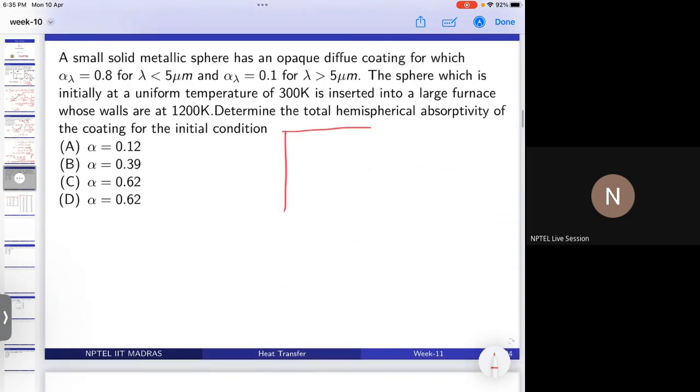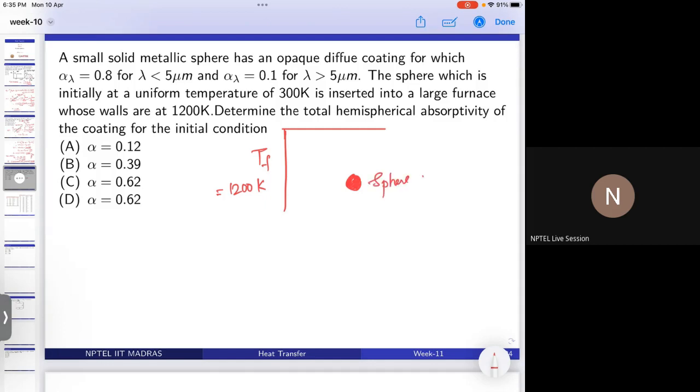So we have a furnace. This is a furnace enclosure which is at some temperature T of furnace, which is 1200 Kelvin, and we have a small metallic sphere. Small is given because the size of the sphere is very small as compared to the furnace.